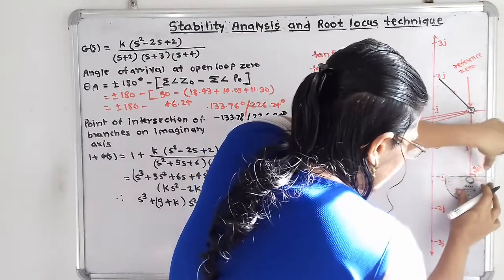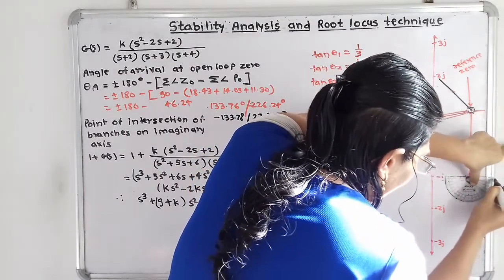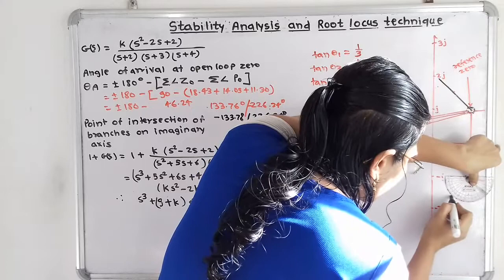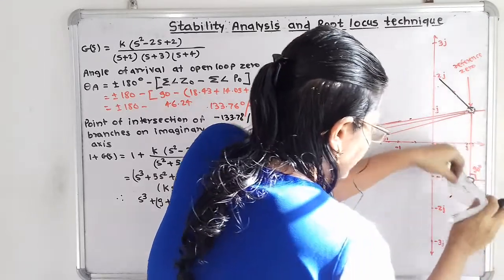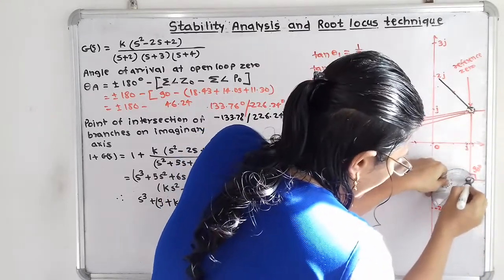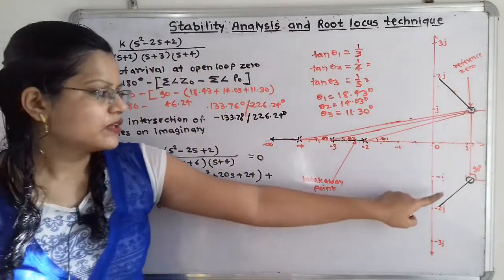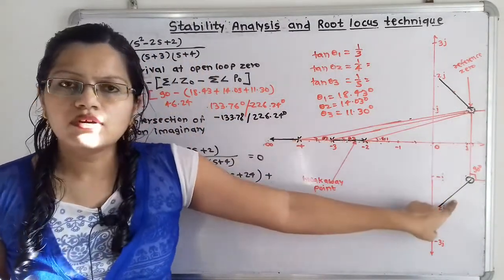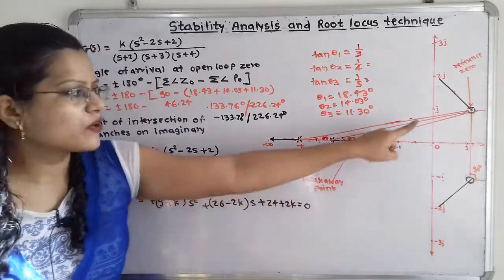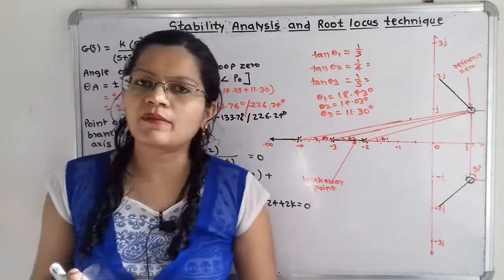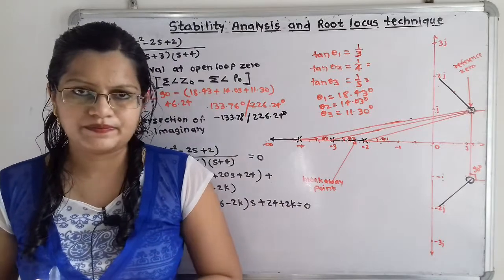So from zero to 133 we mark one point. Now I join this zero and this point. So this is also the angle of arrival. We take this angle of arrival because the zeros are symmetric about the real axis.